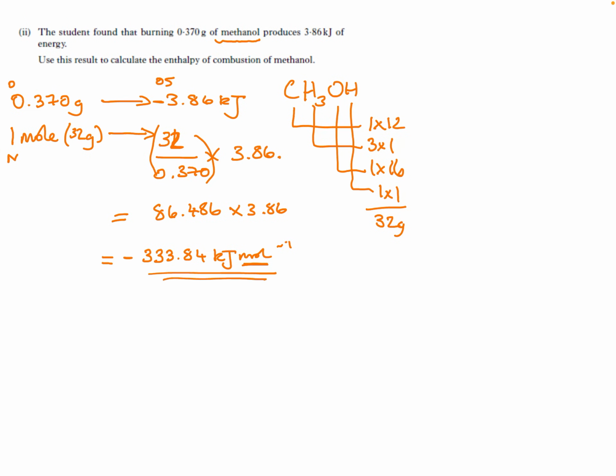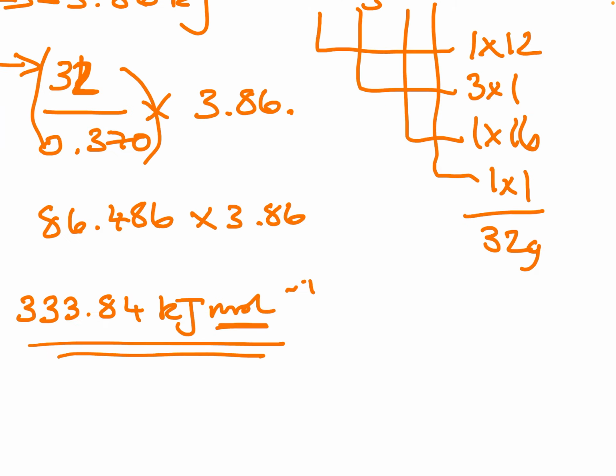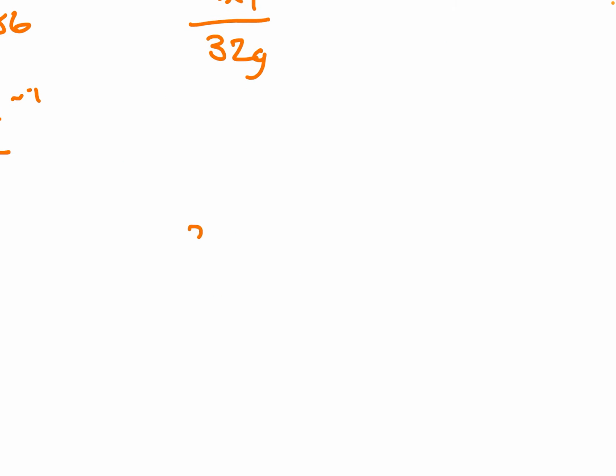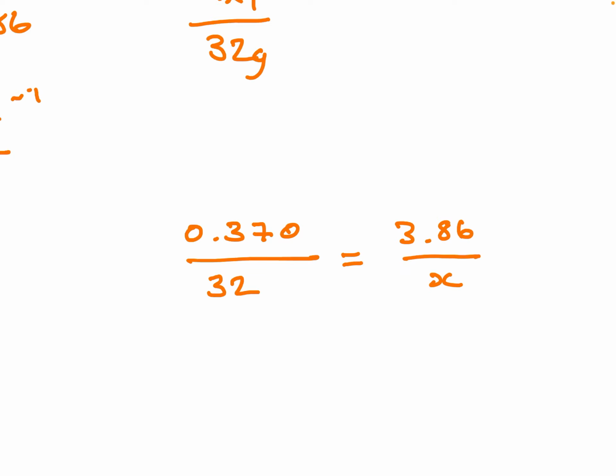I'm just going to do this again for the people that are enjoying the cross multiplication in case that is something you want to see here. We'll set this up just the same as we've been doing before. So we had 0.370 divided by 32, and that would give us 3.86 divided by x.